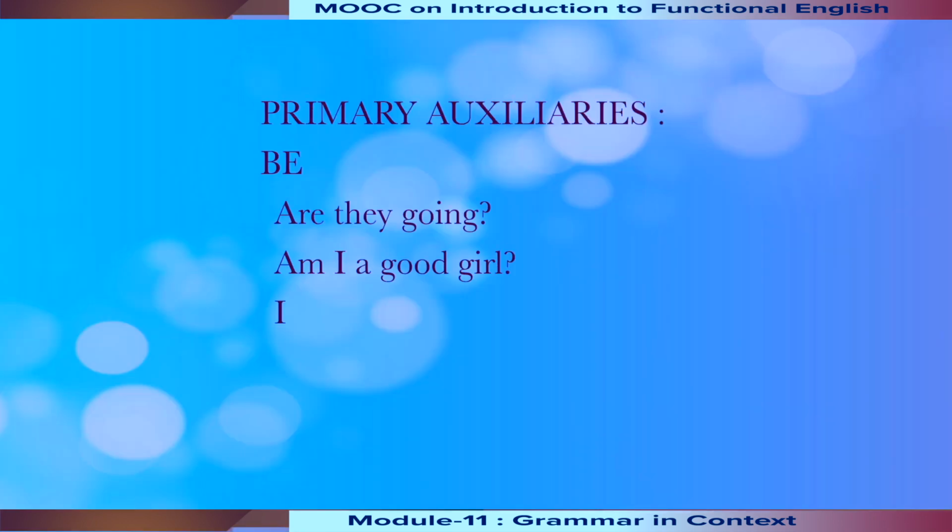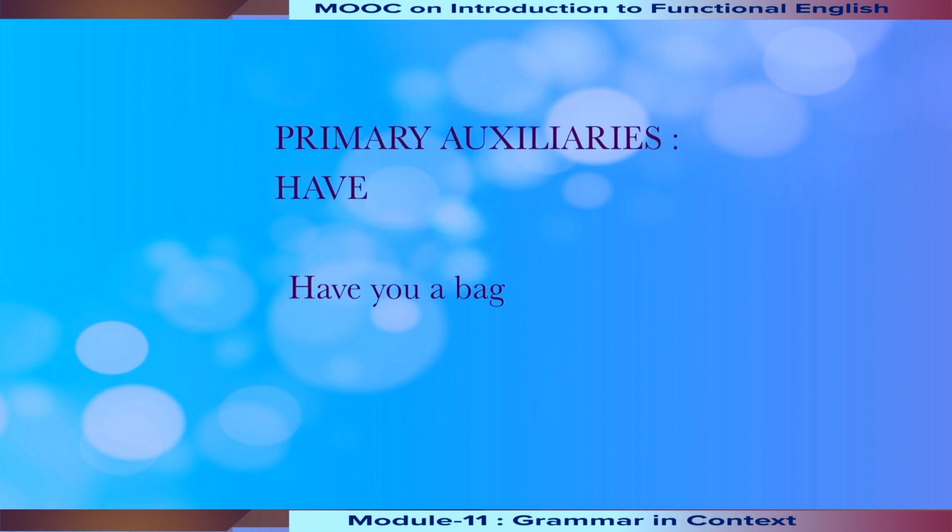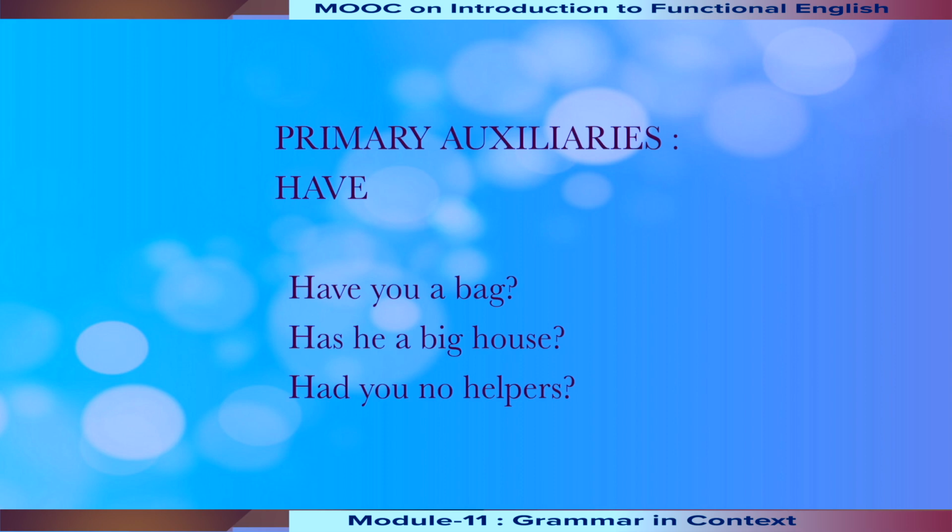So, are they going? Is he a nice guy? Were they happy? Was the coach present? Look at all this. You can answer them simply in yes or no. Was the coach present? Yes. Then look at the next, have. Have you a bag? Has he a big house? Had you no helpers? It can simply be answered in yes or no.